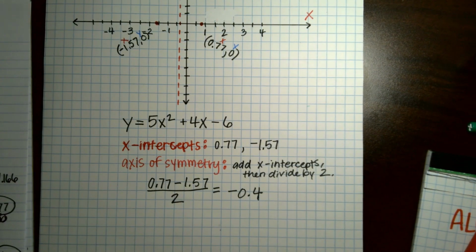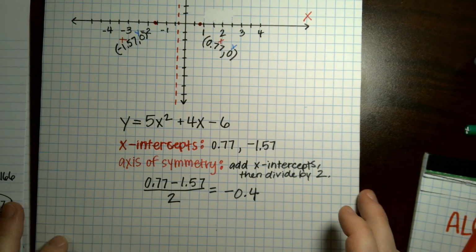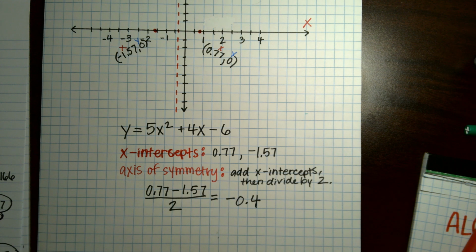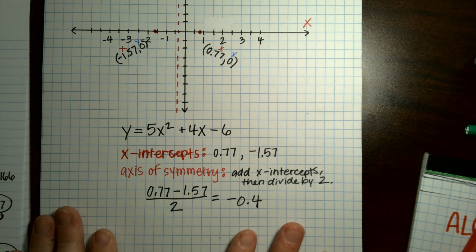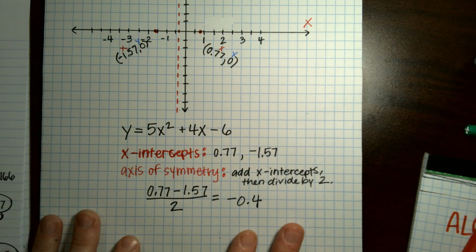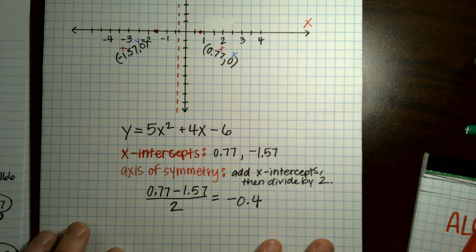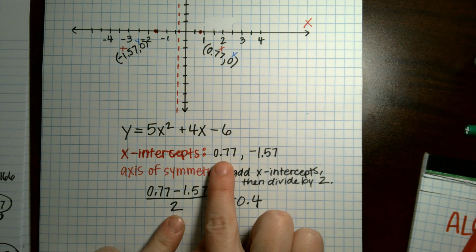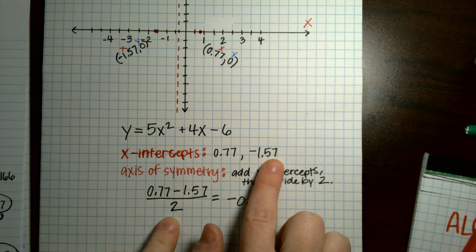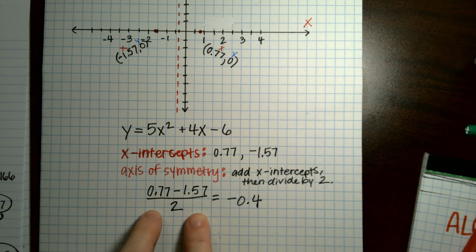Before we do anything more, I want to make sure that you guys have the opportunity to ask any questions you might have. Is anybody confused about anything we've done on this page so far? How do you get negative 0.4? So I added the two x-intercepts together, and then I divided by 2.